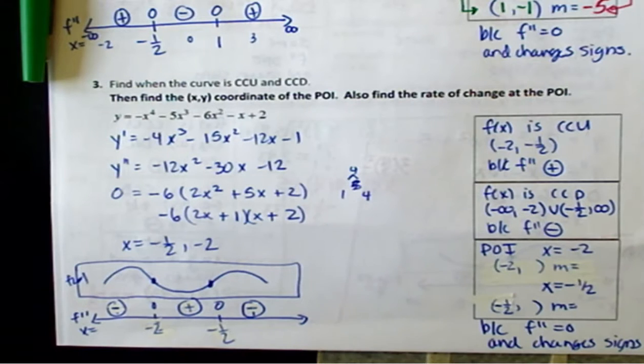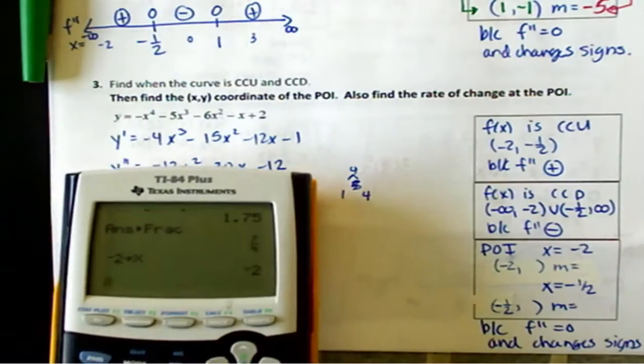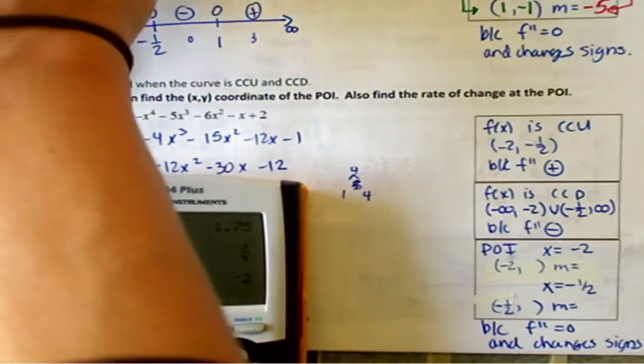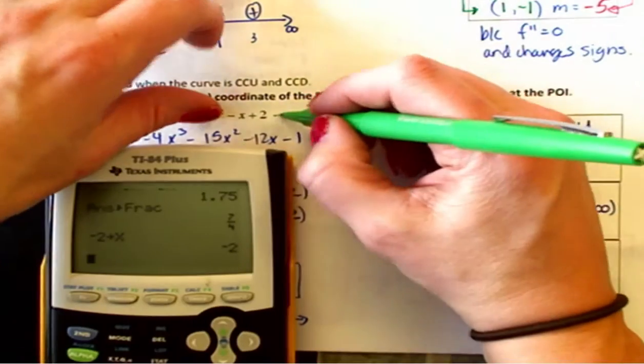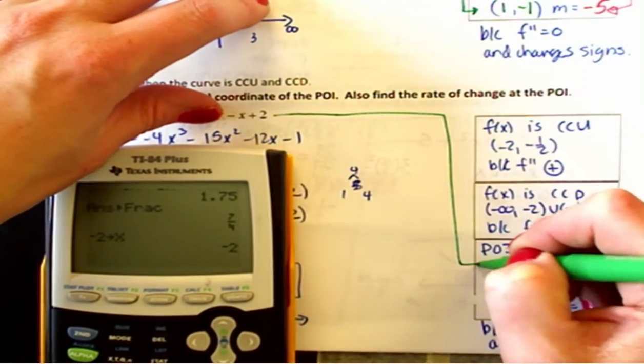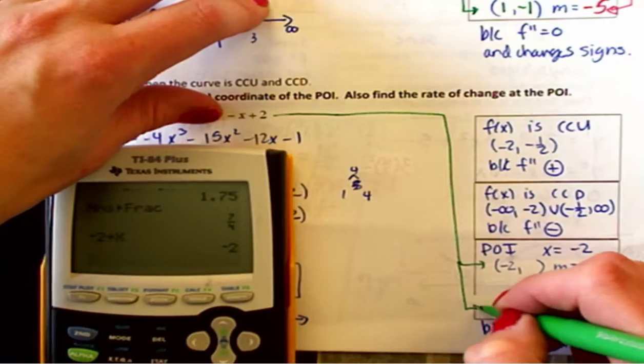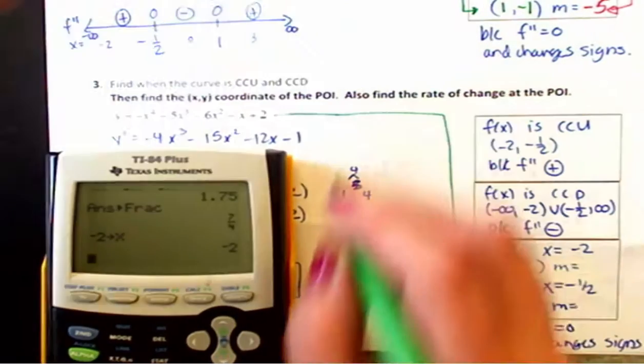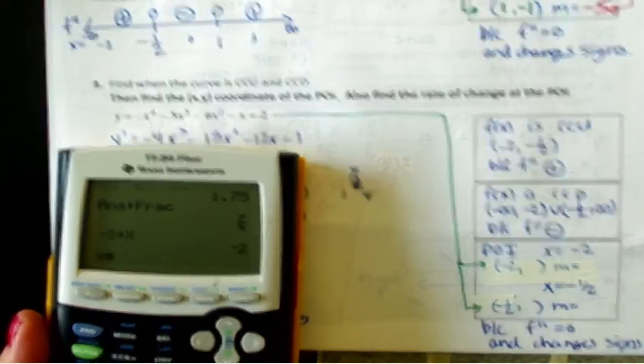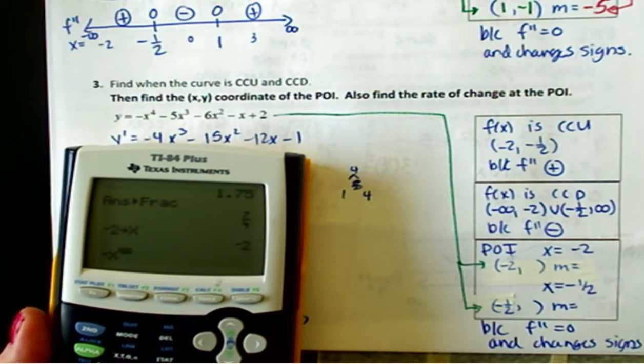Okay, let's evaluate. So I'm going to plug it in. -2, store for x. Okay, so my points. All right, my points are coming from here. Negative x power 4.